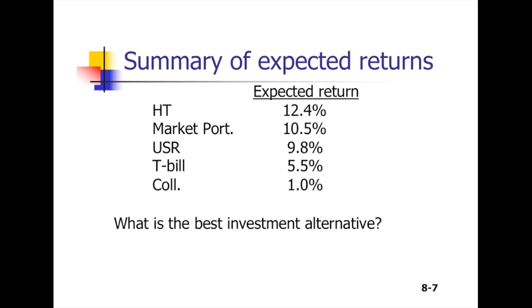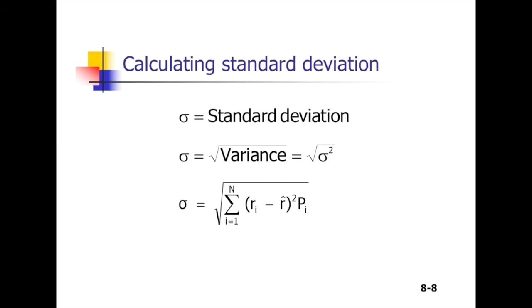As you can see, the high-tech company has the highest expected return. So we can say the high-tech company is very good to invest in, but what should we consider? Yeah, we should consider the risk, right?